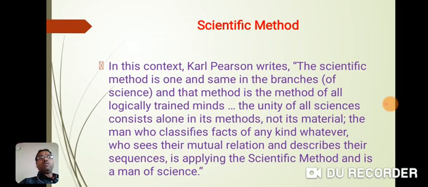The man who classifies facts of any kind, whatever, who sees their mutual relation and describes their sequences, is applying the scientific method and is a man of science. Means according to Karl Pearson, scientific method is one and the same for all the branches of science.